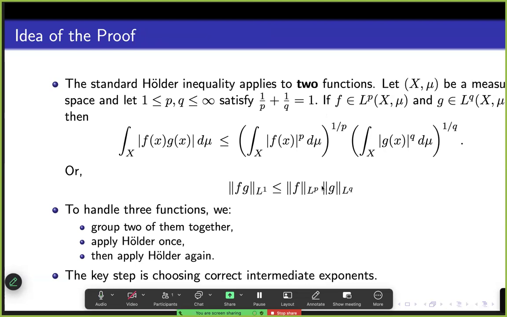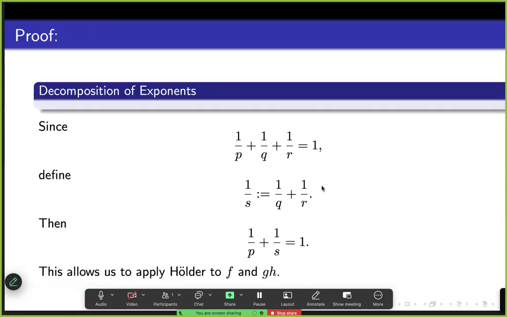To handle three functions, we need to group two of them together, apply Hölder's inequality, and then apply it again. The key step is choosing the correct intermediate exponents. So the proof starts here.